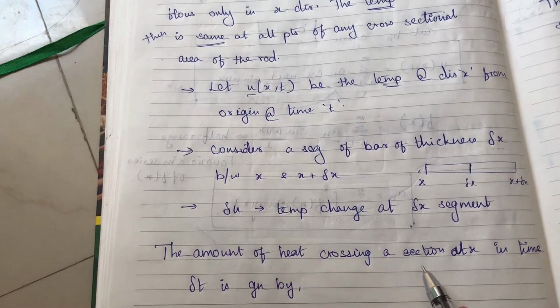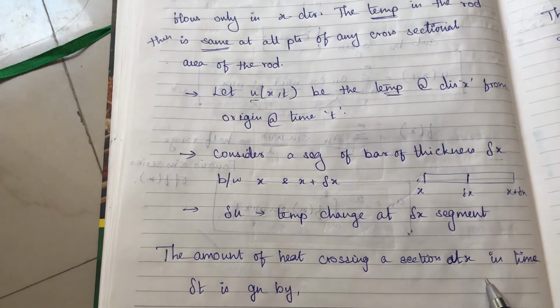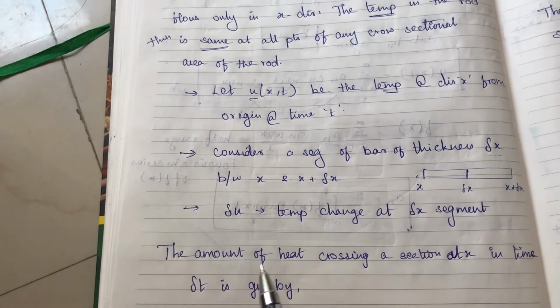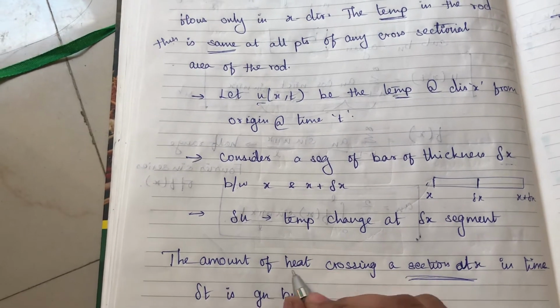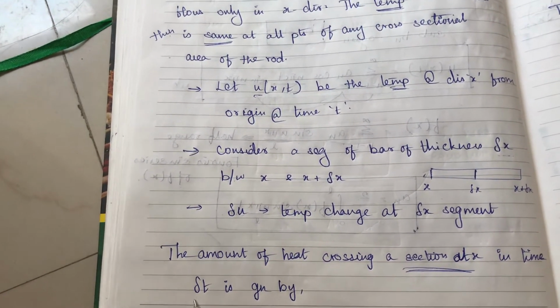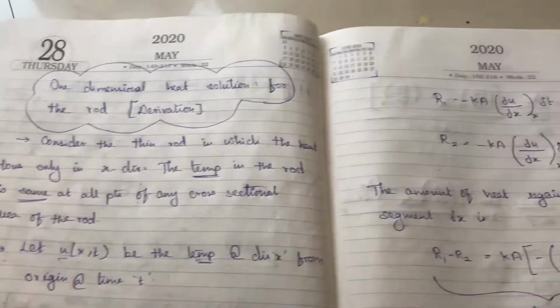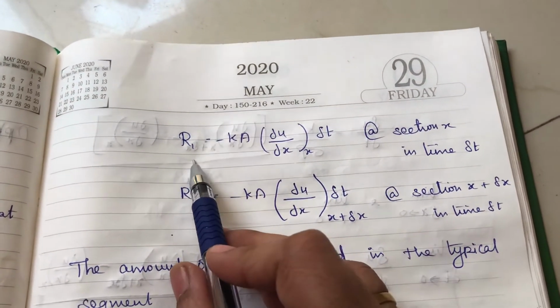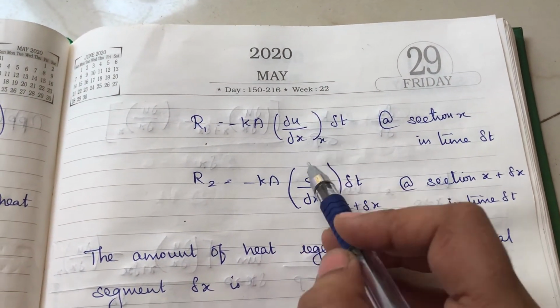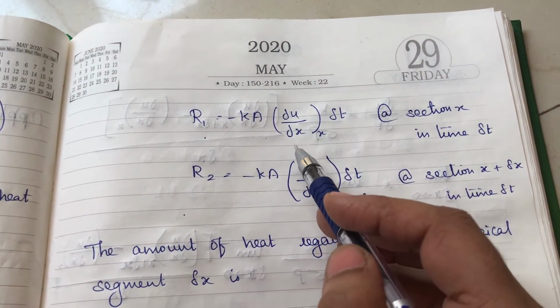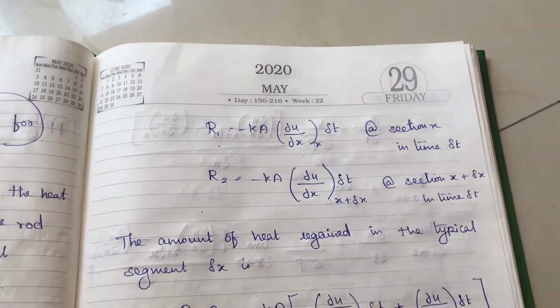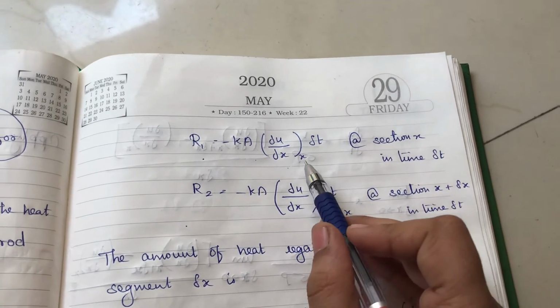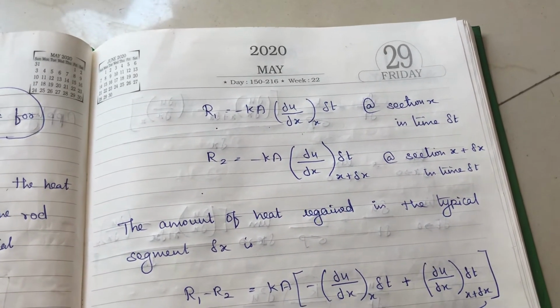The amount of heat crossing the section at x in time del t is given by Q1, which is equal to minus K A into dou u by dou x, evaluated at x, into dt.